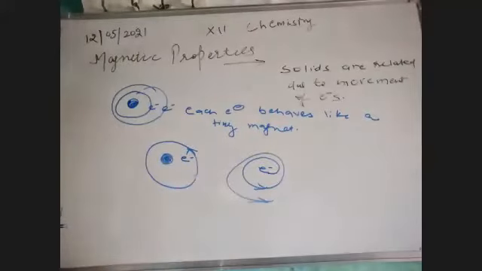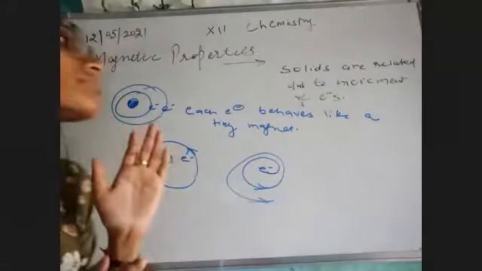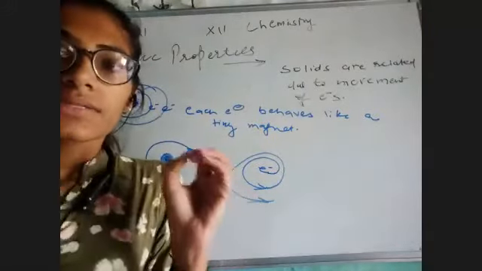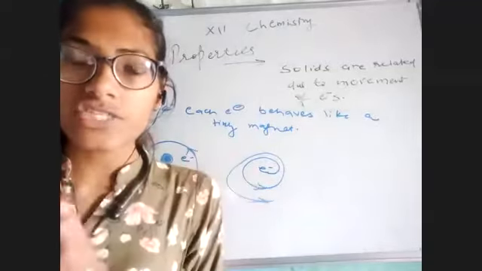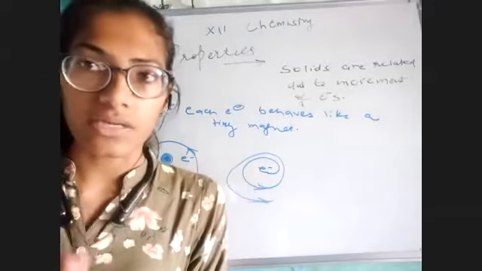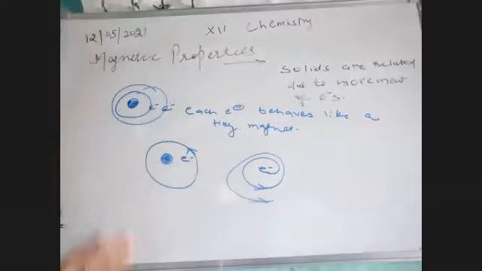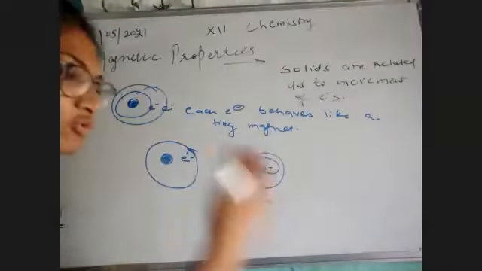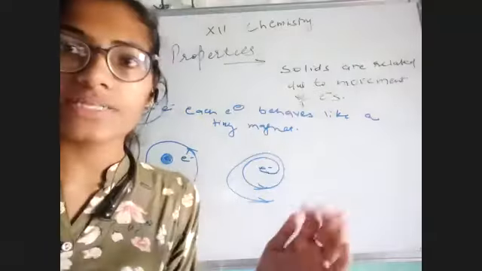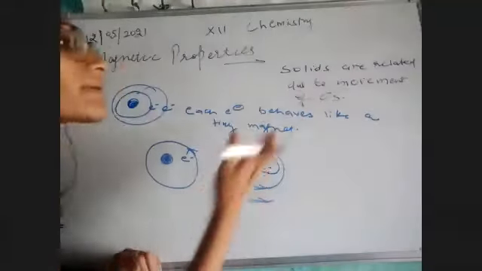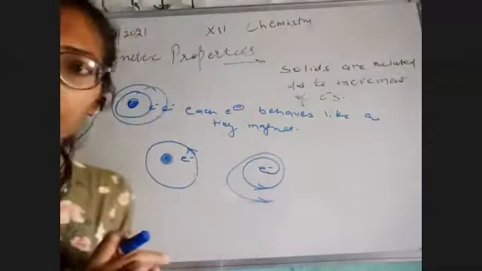On the basis of these two movements, there is a magnetic nature associated with electrons. Let me recapitulate. Due to the movement of electrons, as they are revolving around the nucleus, they can behave like a tiny magnet.